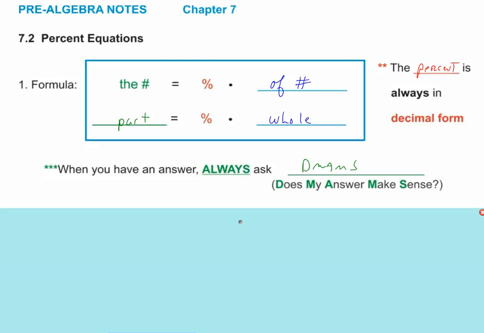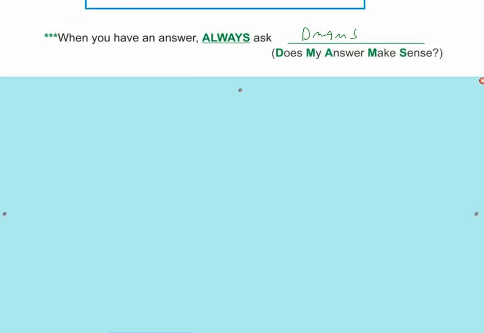But if you don't ask her, she won't catch it for you, and you'll get the problem wrong. So when you have an answer, always ask Demams: does my answer make sense? I'll show you that in just a moment.